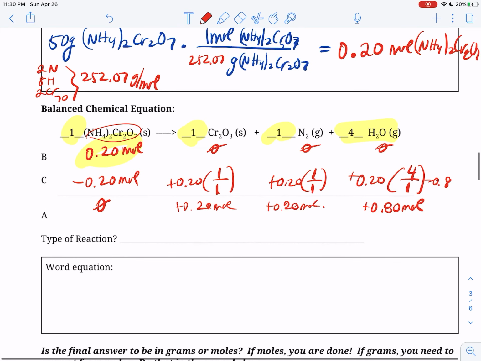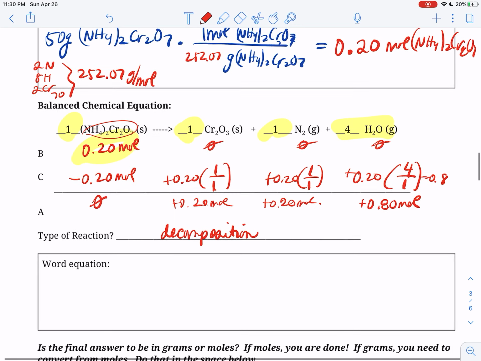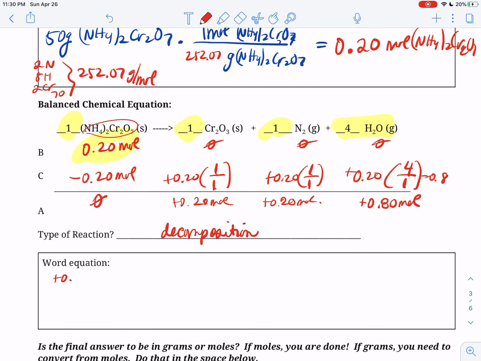As for the type of reaction, I'm going to guess this is some kind of decomposition, taking a very complicated molecule and splitting it apart. And then the word equation: 0.2 moles of solid.